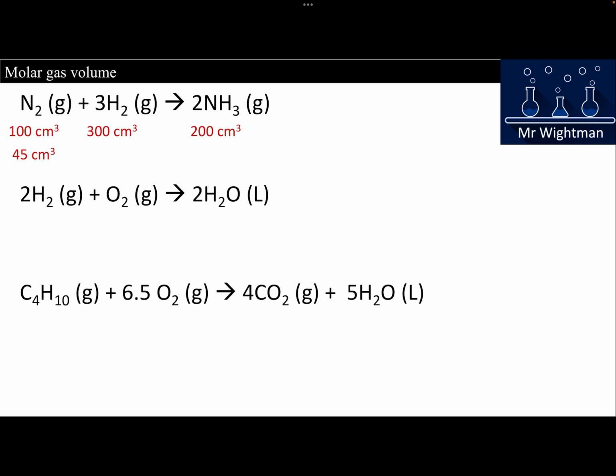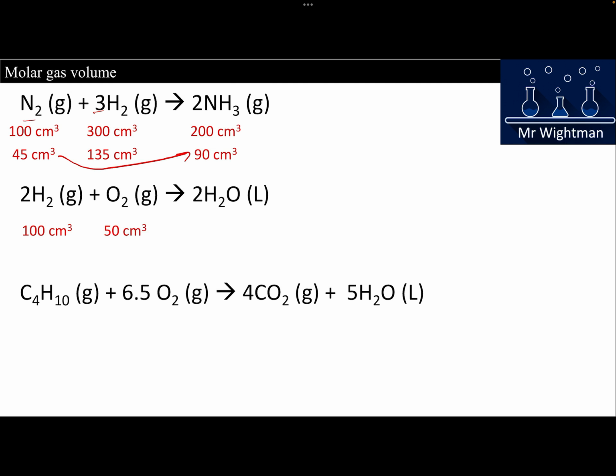If I had 45 of nitrogen, timesing by 3, because I have 3 lots of hydrogen reacting with 1 lot of nitrogen, that is 135 centimetres cubed, producing 90 centimetres cubed of ammonia, as the ratio is 1:2. If I had 100 centimetres cubed of hydrogen, that would require 50 centimetres cubed of oxygen.